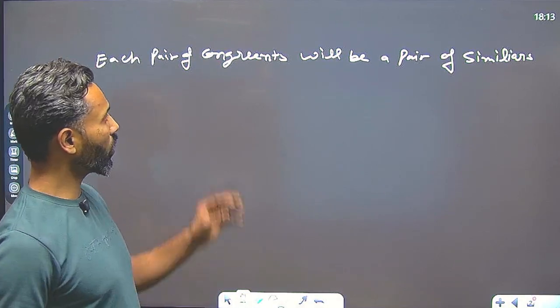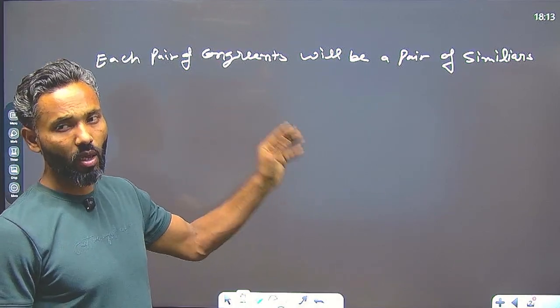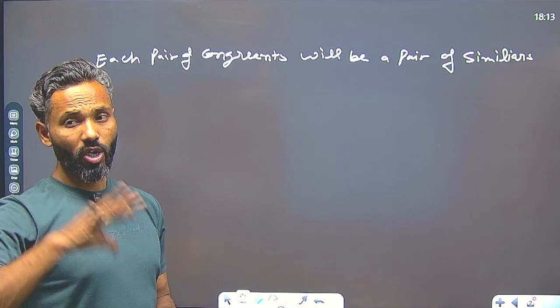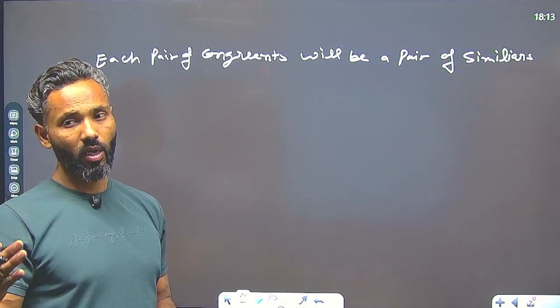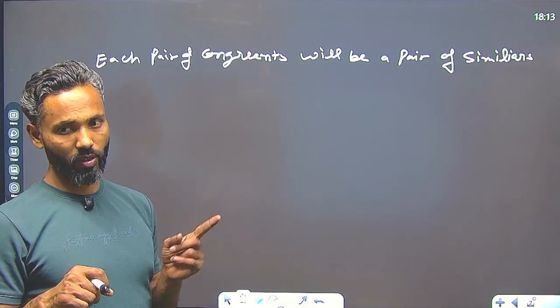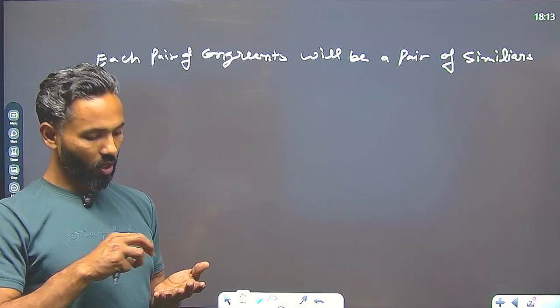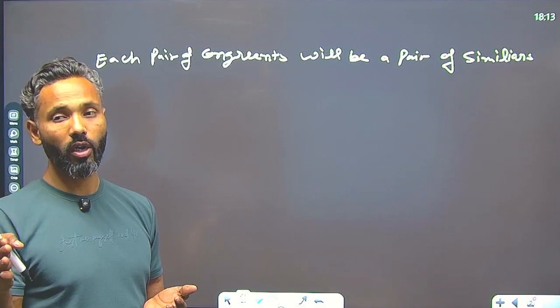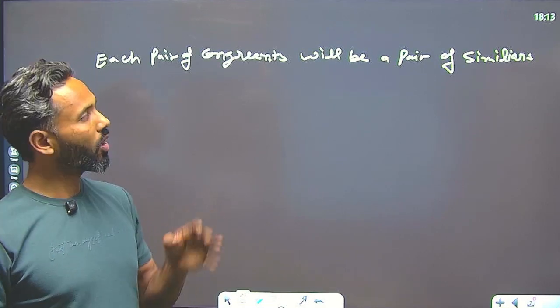It means all the rules related to congruency are going to apply to similarity, but each condition which is applicable on similarity is not going to apply on congruency. I'm repeating again, each rule related to congruency is going to apply on similarity, but each rule related to similarity is not going to apply on congruency.